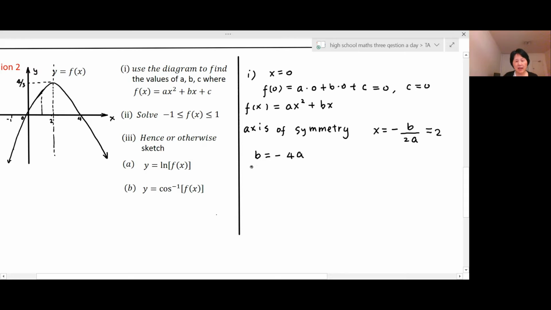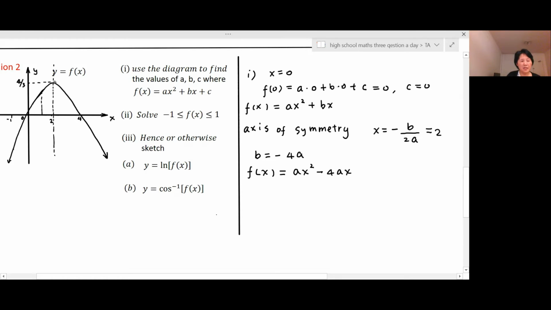Now I write f(x) again: f(x) equals ax squared plus bx, and bx is minus 4a x.